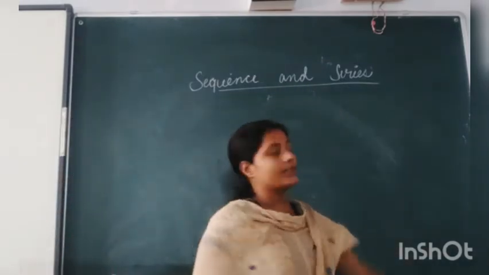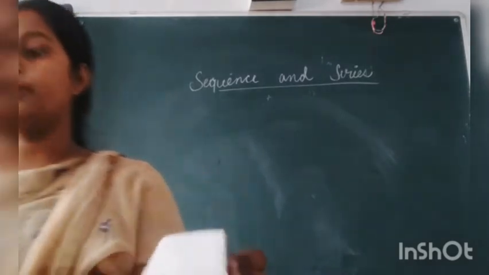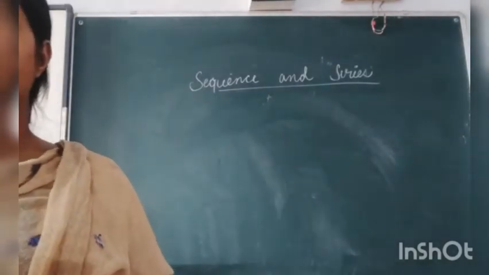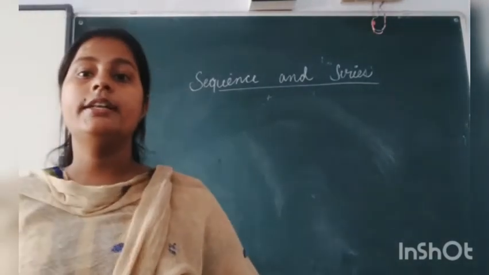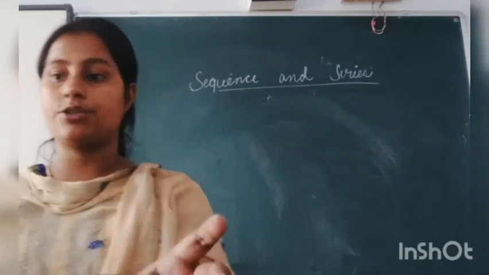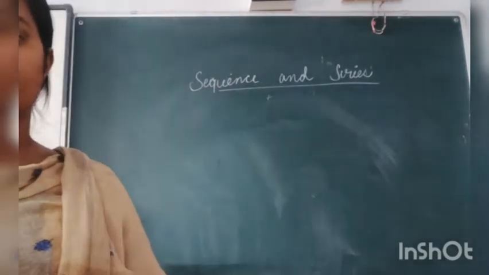Now the next topic that we have to study in this chapter is geometric progression. The first topic we studied was arithmetic progression. Now we have to study geometric progression. So we will see what a geometric progression is.